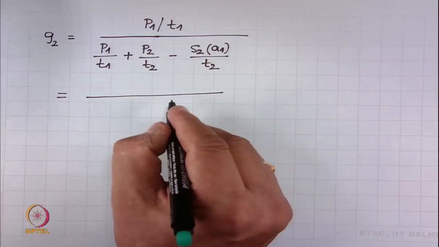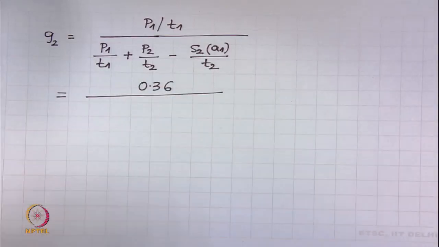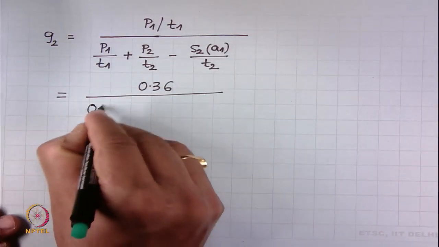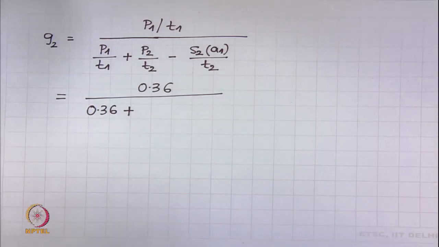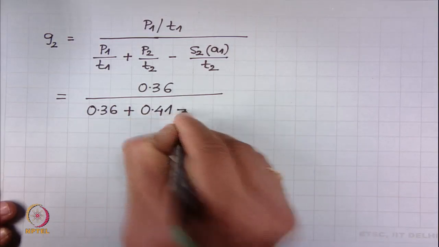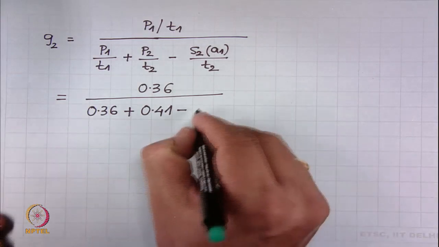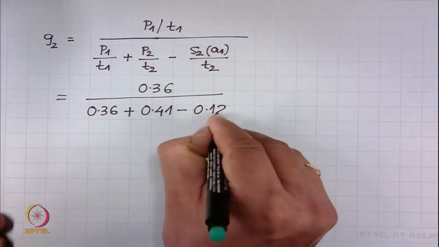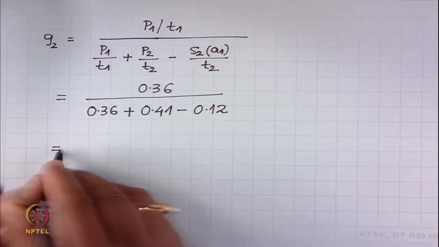P1 by T1 is given as 0.36, plus P2 by T2 is given as 0.41, minus S2 A1 by T2 is given as 0.12.